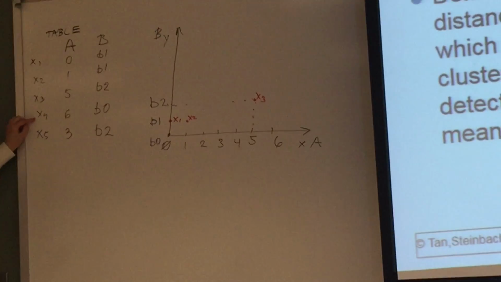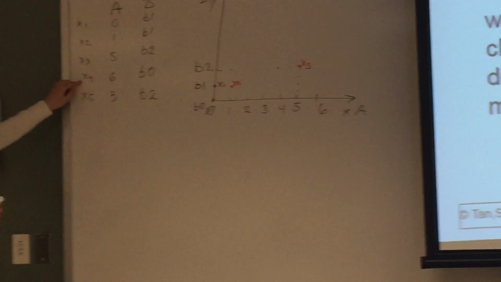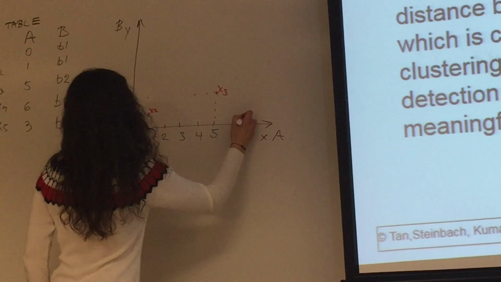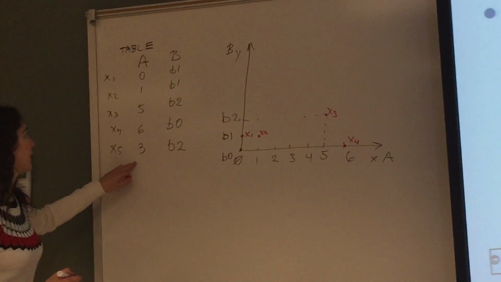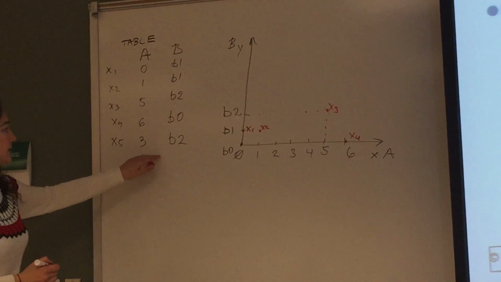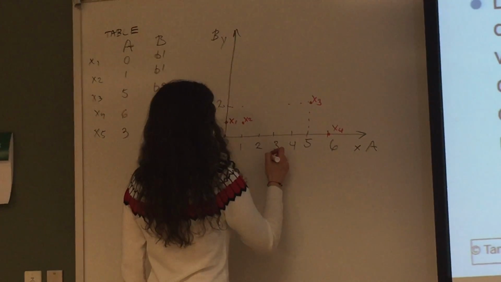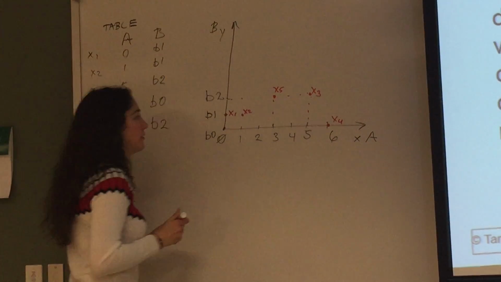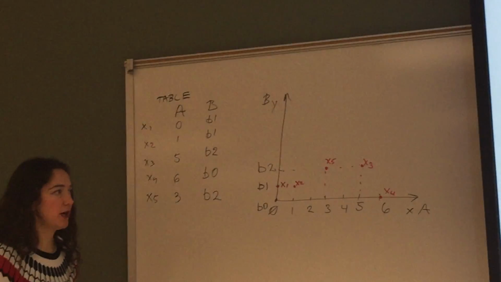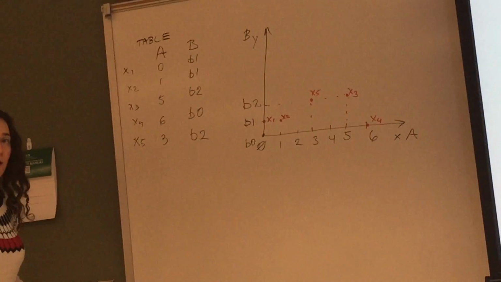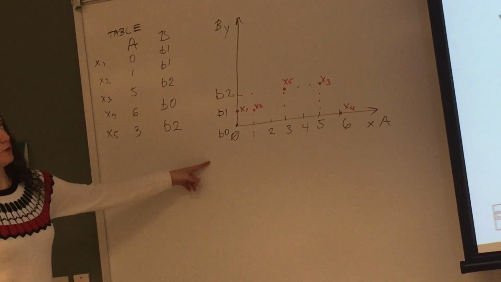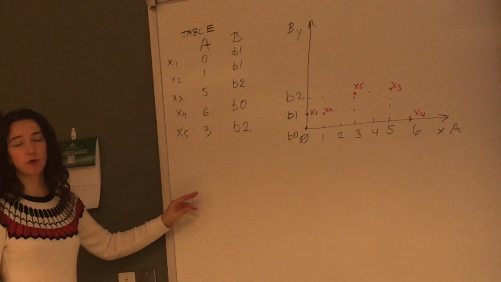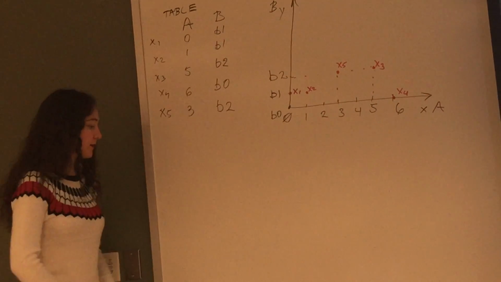The next object, x4, for A is 6, for B is 0. So that will be right here. And for x5, A is 3, B is 2. So it will be right here. So now we have these points in space. Now our objects are plotted in space. This is two-dimensional space because we get two attributes. So we plotted them in 2 dimensions.